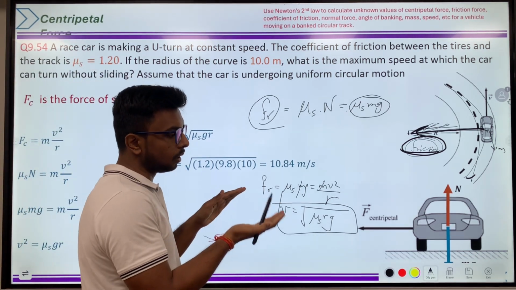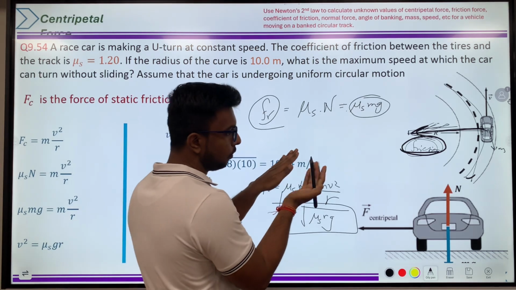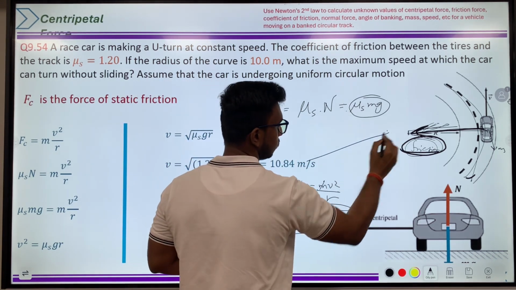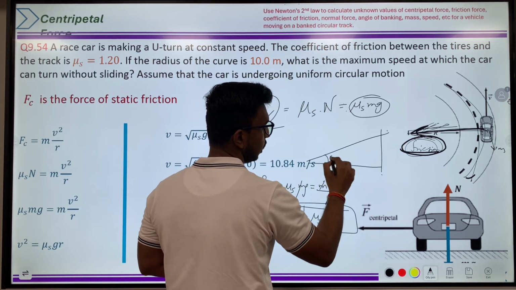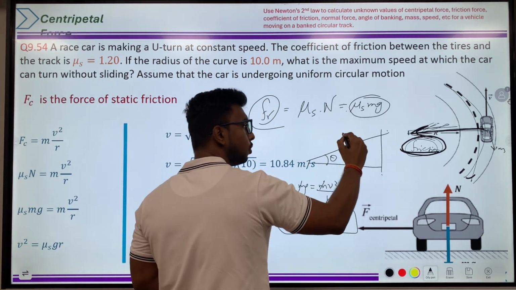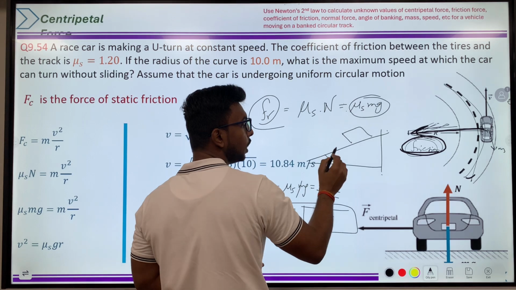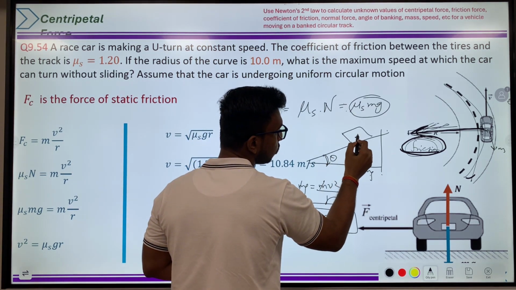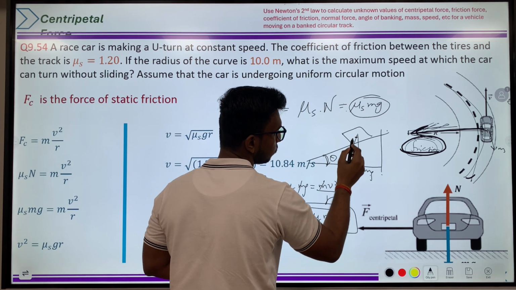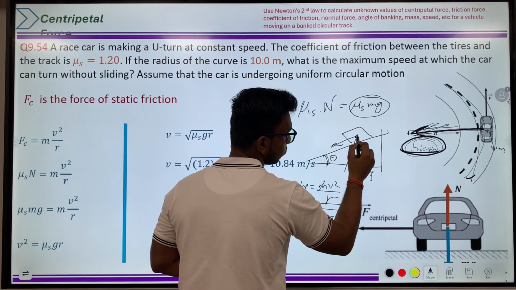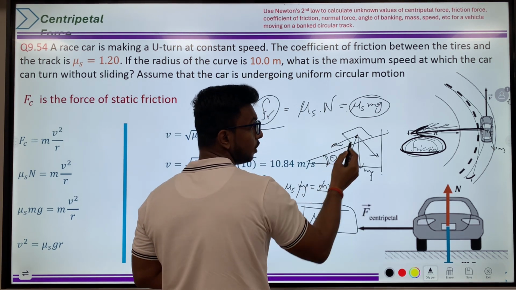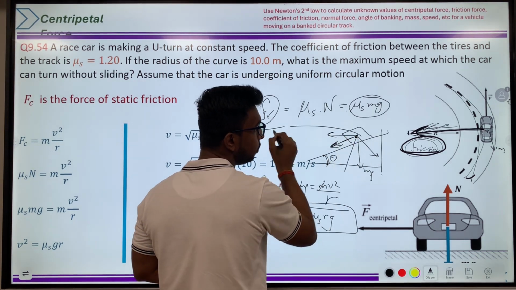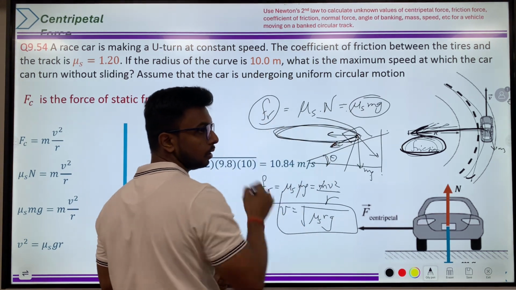You must have seen that at some points, when you are turning, the roads are tilted at an angle. The reason for the roads to be tilted is so that some part of gravity can also provide the centripetal force. Now this component, a little bit of this will be here, it will be able to keep the object in the circle.